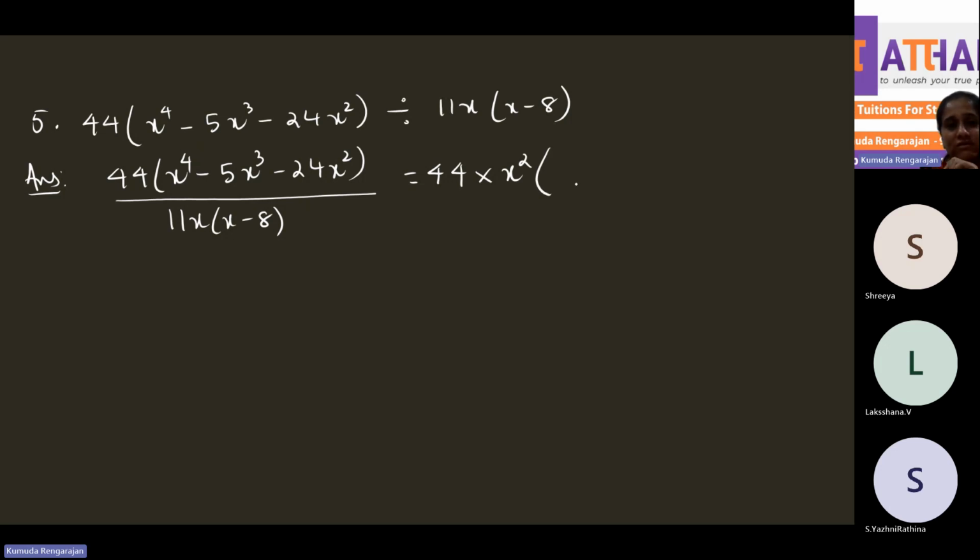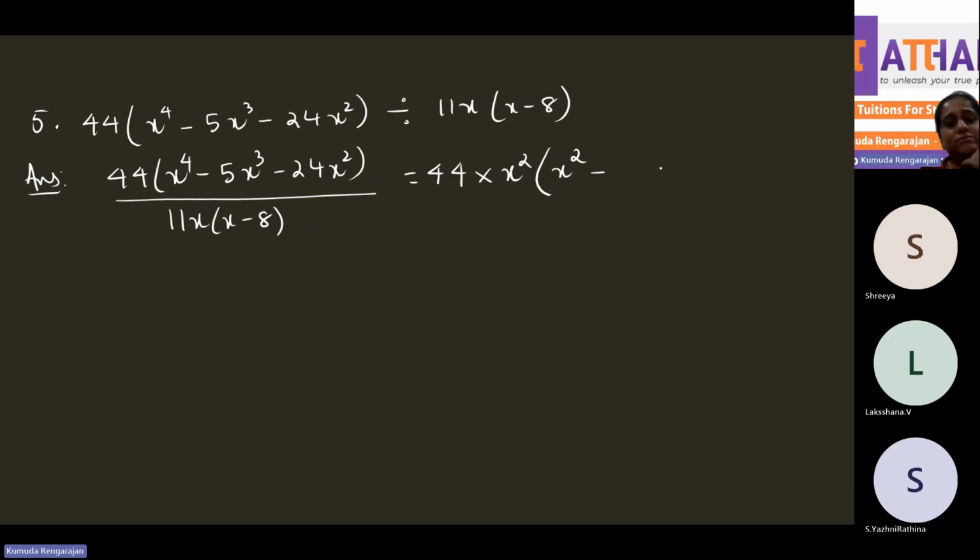Between the numbers, the HCF is 1. Between the literals, x to the power 4, x cubed and x squared, 2 is the smallest power. So x squared is the HCF. Now x squared into x squared is x to the power 4.